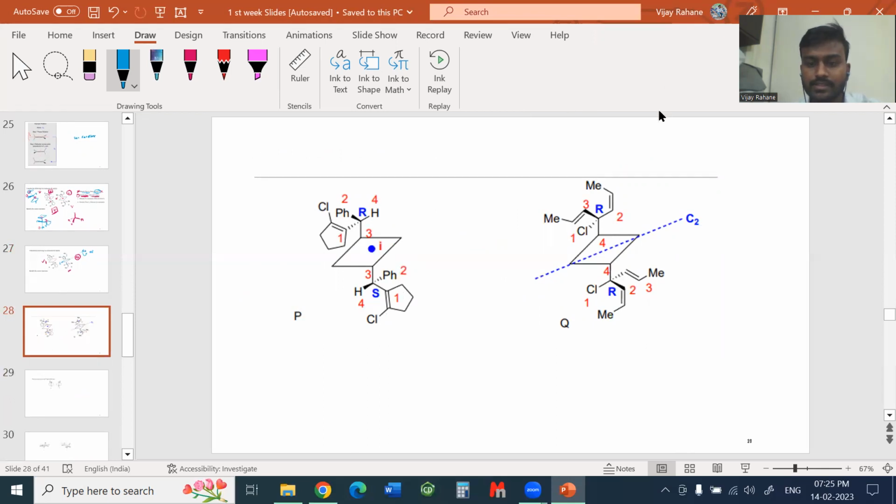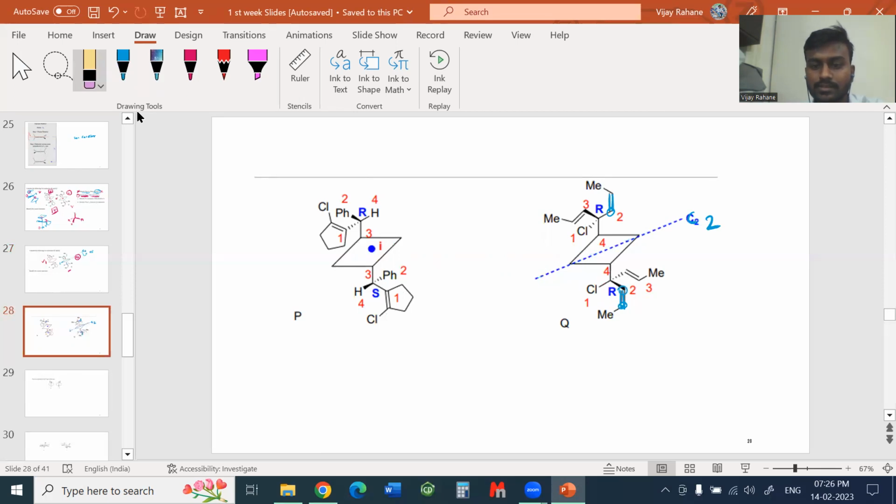The C2 axis passes through this one. So here we can see the second carbon atom, and similarly here also we have a second carbon atom. This carbon, the group which is cis, also has the cis group. With the help of this, if you pass the axis from this direction, this will be the C2 axis for this molecule.